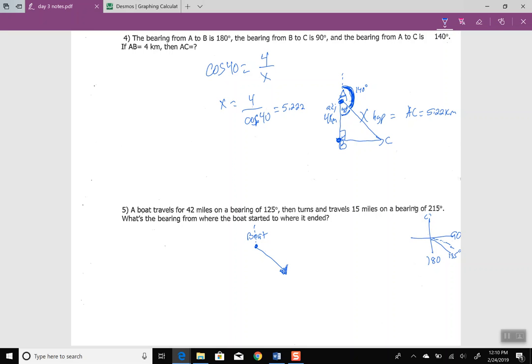Then it turns and travels 15 miles on a bearing of 215. So from this new point where it's turning, I have to go 215 degrees. Well, here's 270, and then here would be 225, so 215 would be somewhere like this. There's 180, and then a little bit extra gets you 215, and it does this for 15 miles.